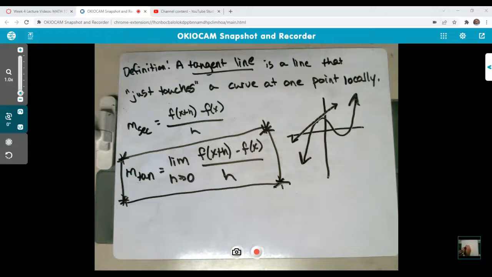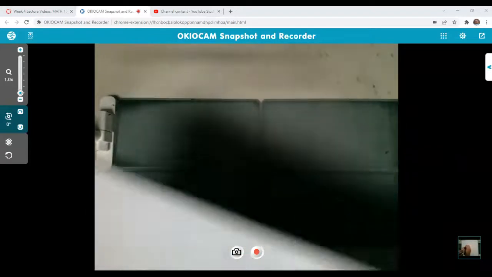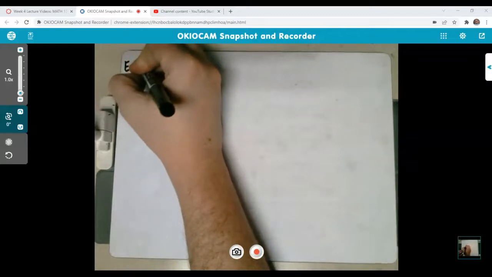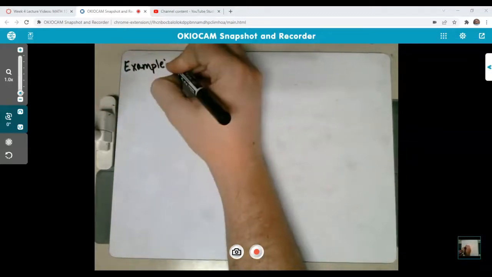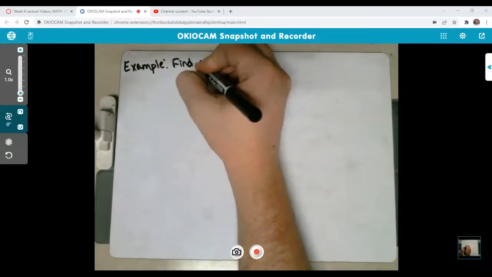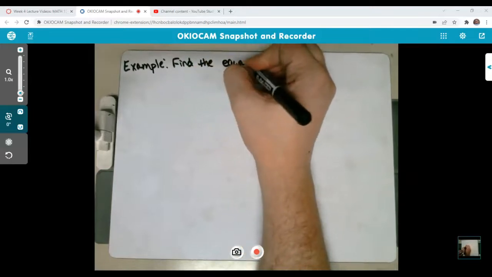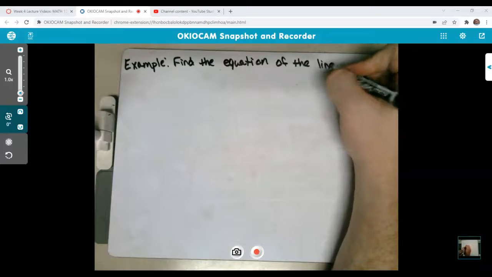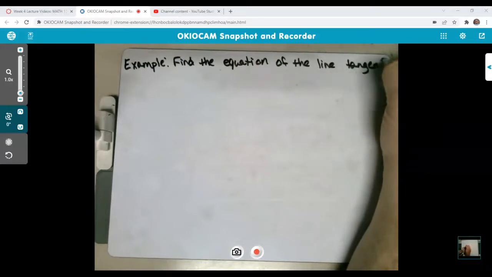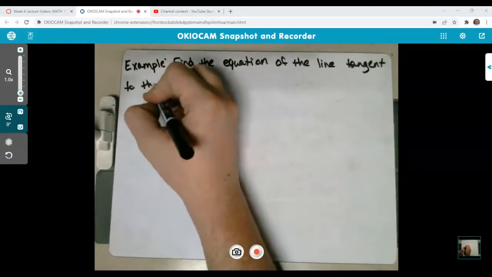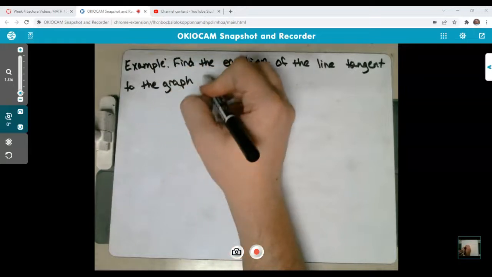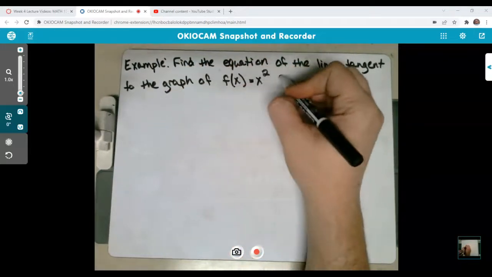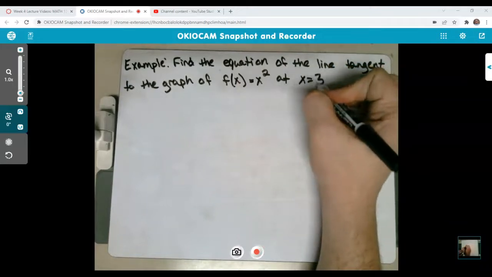Example. Find the equation of the line tangent to the graph of f of x equals x squared at x is equal to 3.